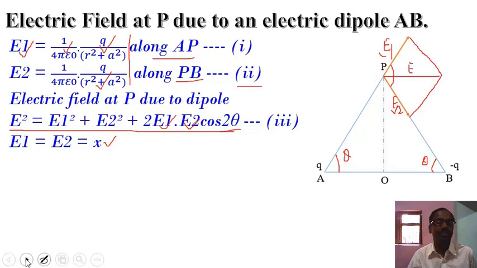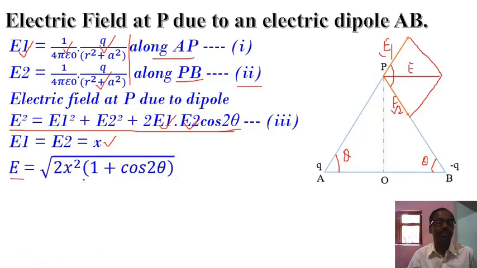Taking 2x square common, E square equals 2x square into 1 plus cos 2 theta. We know cos 2 theta equals cos square theta minus sin square theta. Therefore, 1 plus cos 2 theta is 1 plus cos square theta minus sin square theta, and since 1 minus sin square theta equals cos square theta, we get cos square theta plus cos square theta, which equals 2 cos square theta. Therefore, E square equals 2x square into 2 cos square theta.